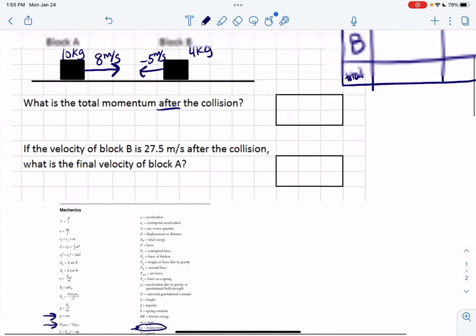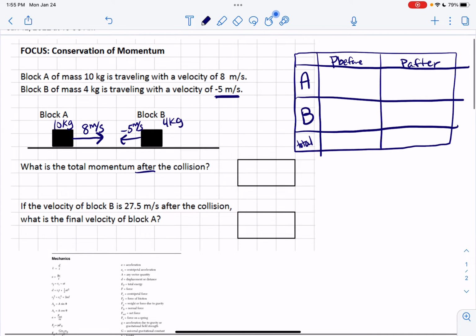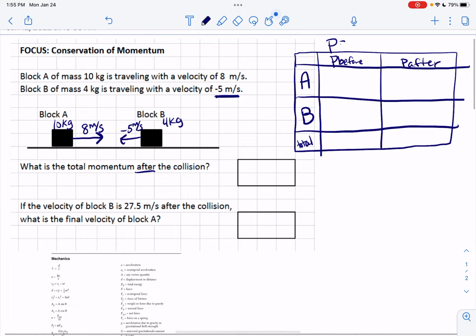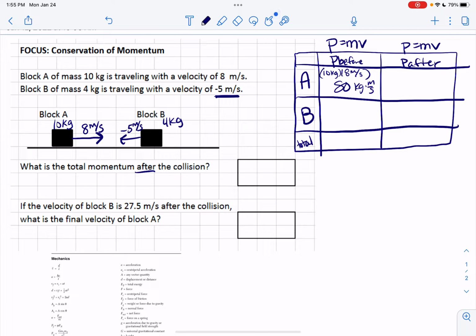So if I scroll back up, we know momentum is mass times velocity. So we can use this to find the momentum for each section. For block A, it's going to be 10 kilograms times 8 meters per second, which gives us 80 kilograms times meters per second.